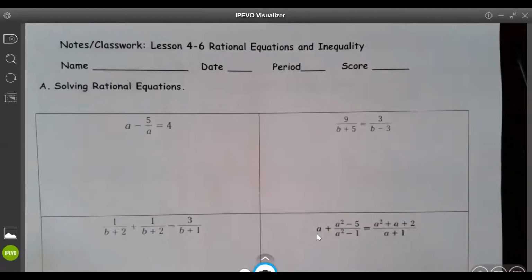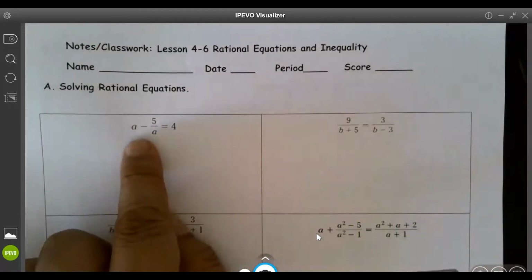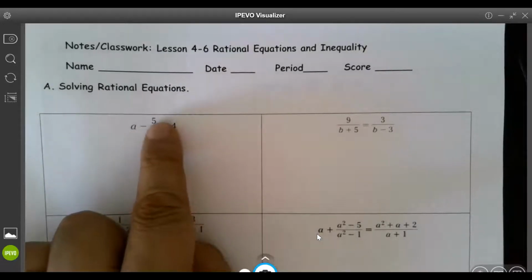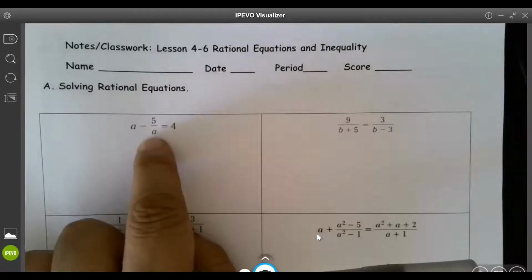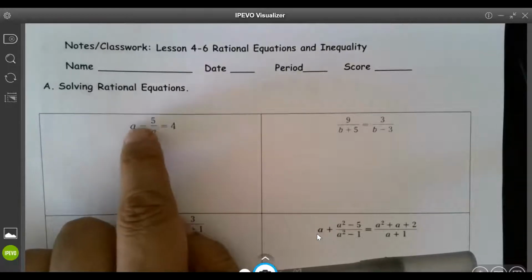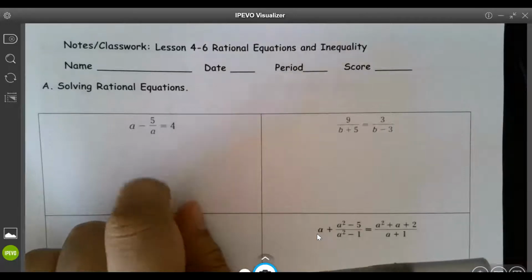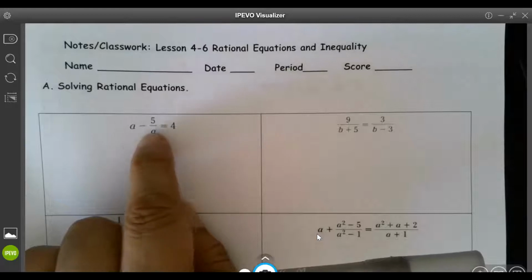So, let's say, for example, number 1, solve for A. We have here (A minus 5) over A is equal to 4. Whenever there are fractions, the first thing you have to do is to get rid of the denominator by multiplying all the terms by the least common denominator of the given.